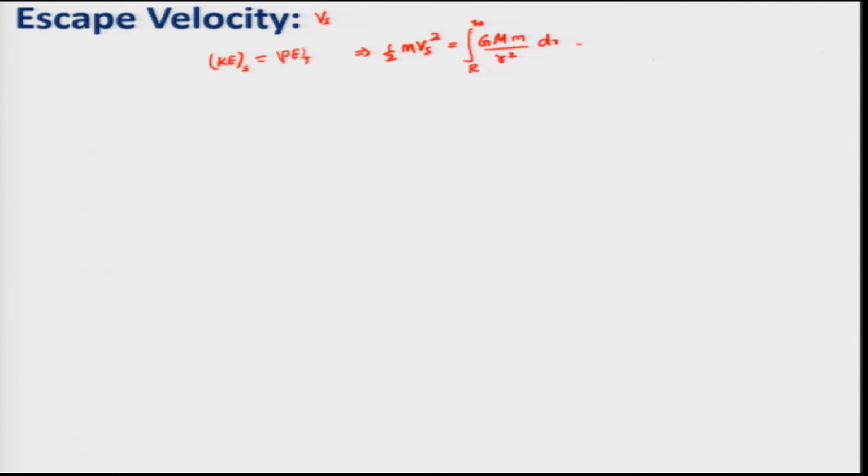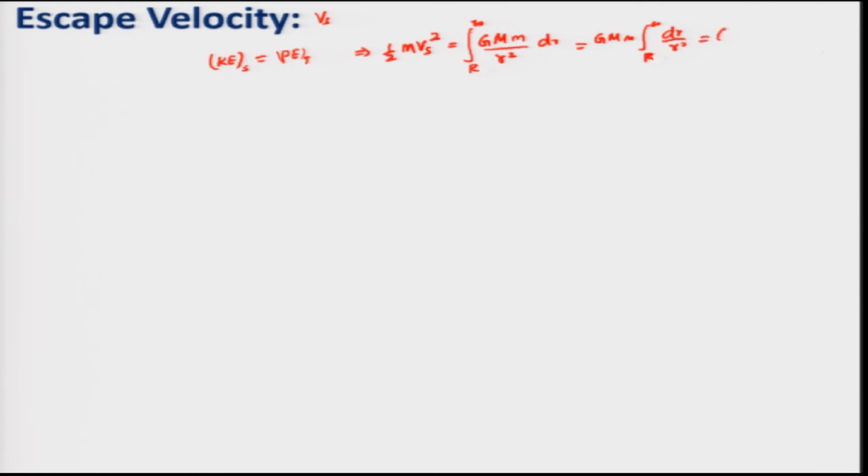If I take G, M and m as constants and take them out, we will get the integral from r p to infinity of d r by r square.